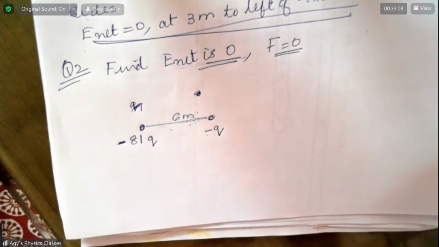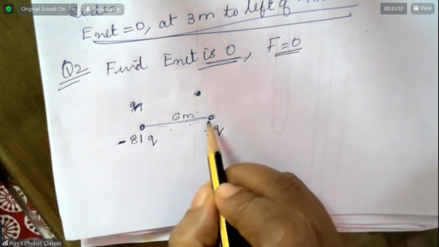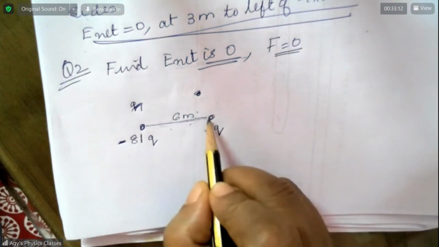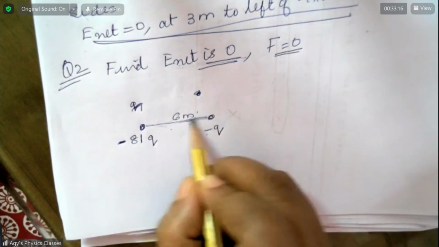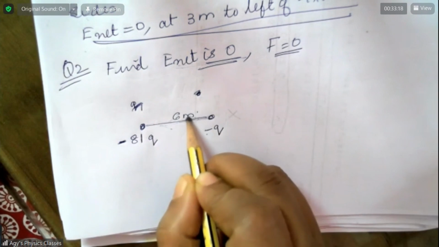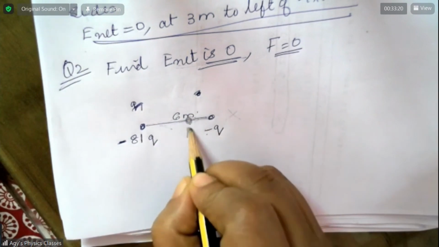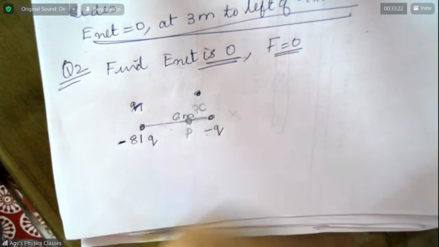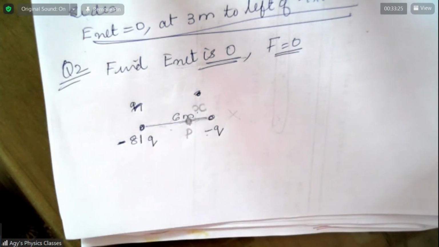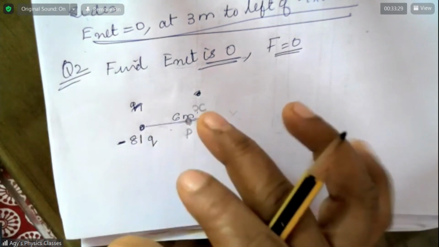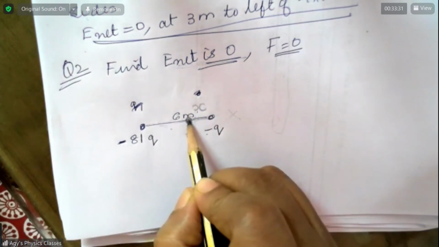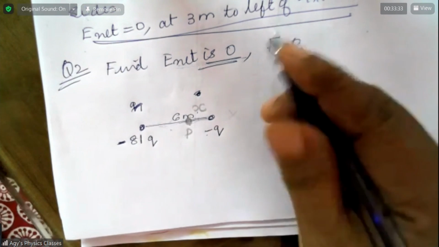So after doing that, what should you do? You know that it is outside, so it will be to the left, never to the right. So here you assume that this is the point, say P, which is at a distance x. This is how you locate.